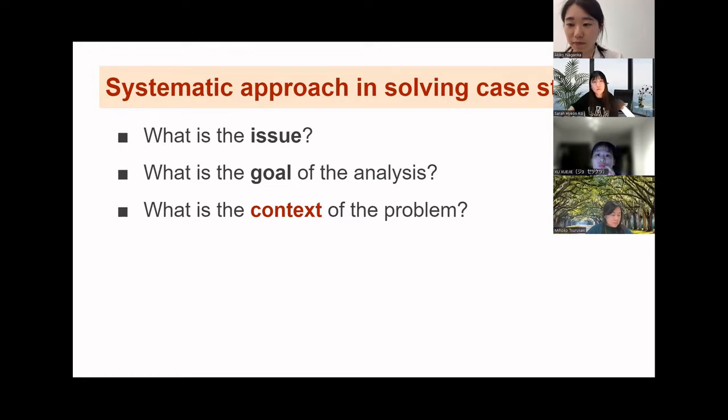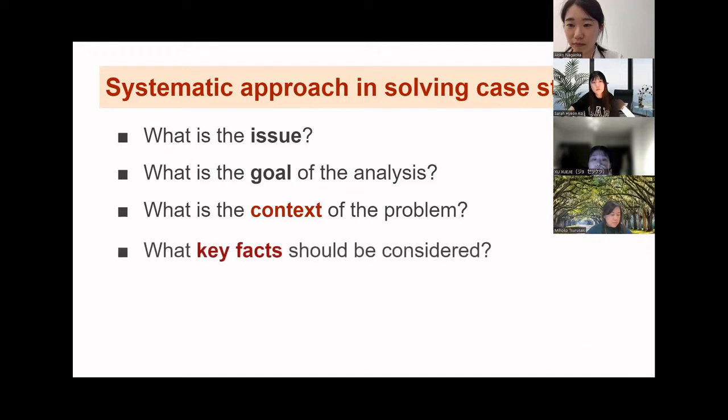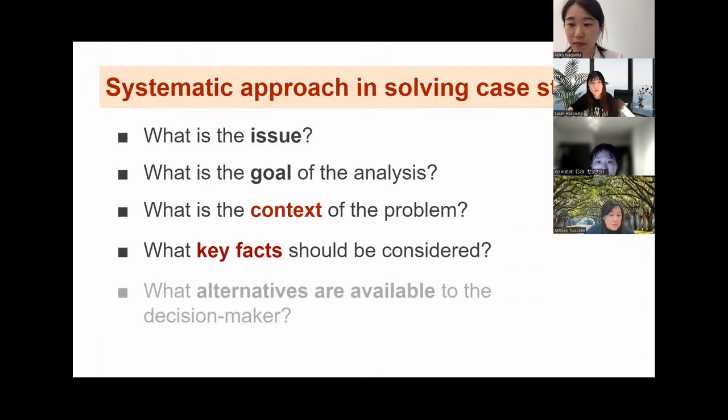You will see this context, and what key facts should be considered. Not everything can be considered, because some things are just facts but don't affect our decision. It's just information for us to know, but it may not be used for our decision.